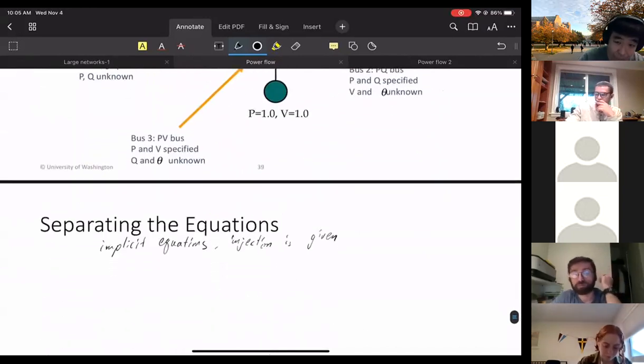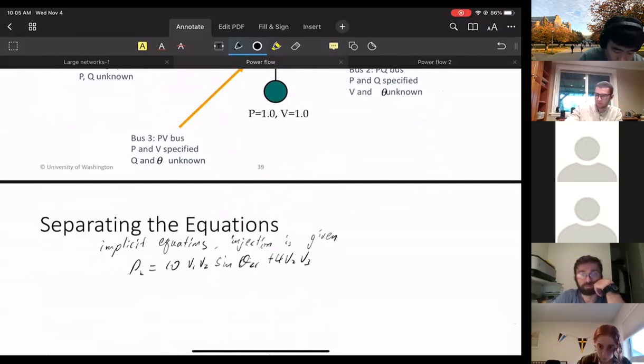So we go and write out all these equations. We have P2 as 10 V1 V2 sine theta 21 plus 4 V2 V3 sine theta 23. P3 is also given. Sorry, P2, let's write Q2 first.